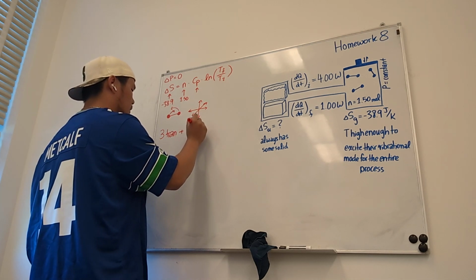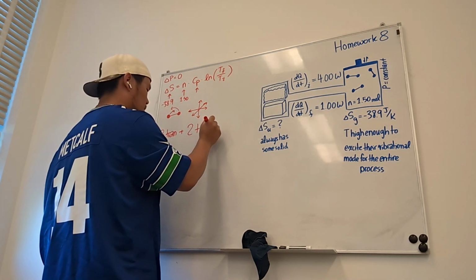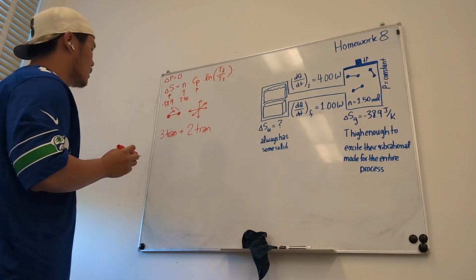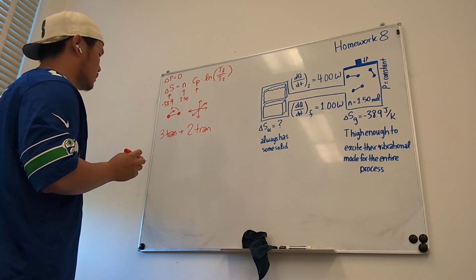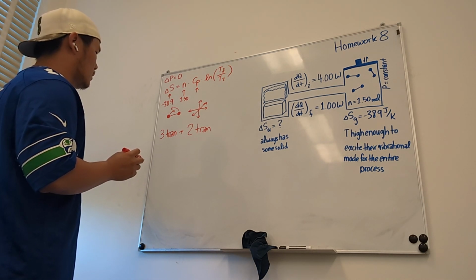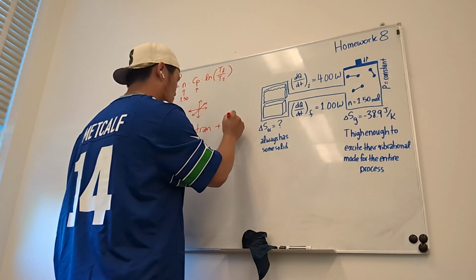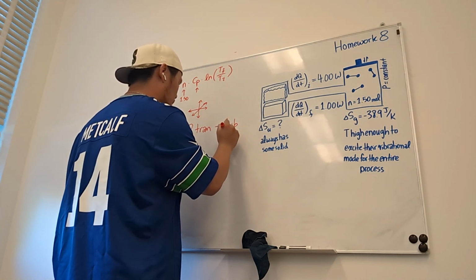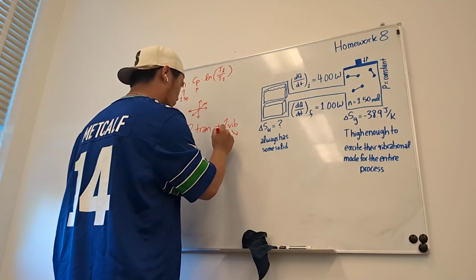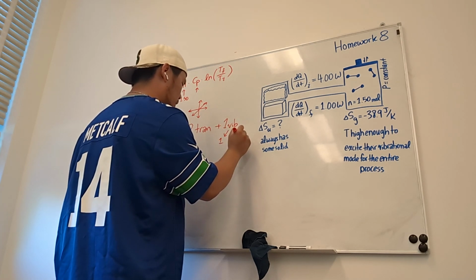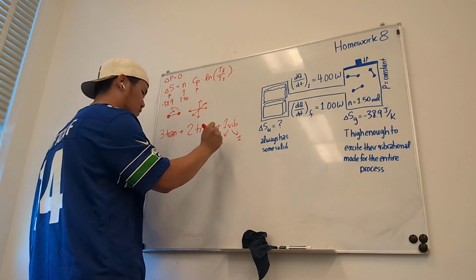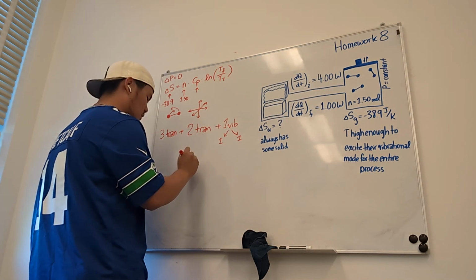So that's 2 rotational. And then that leaves us with 1 vibrational. But we have to split that into kinetic and potential, so that's 1, 1. So in total, that's 3 plus 2 plus 2, which gives us 7 modes.